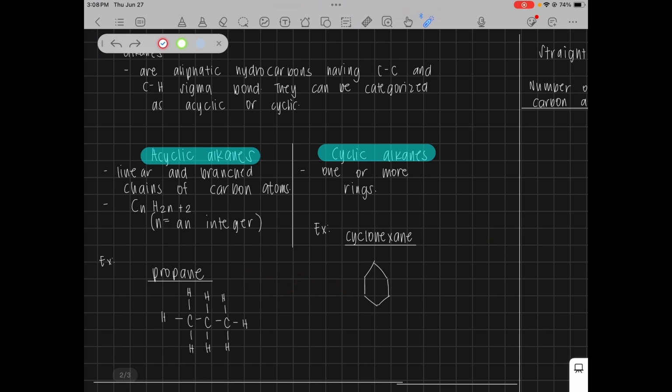So it has a linear chain of carbon atoms. That's why it is part of the acyclic alkanes. When we say cyclic alkanes, they have one or more rings. For example, we have here cyclohexane. It is in the form of a ring. That is why it is part of cyclic alkanes.